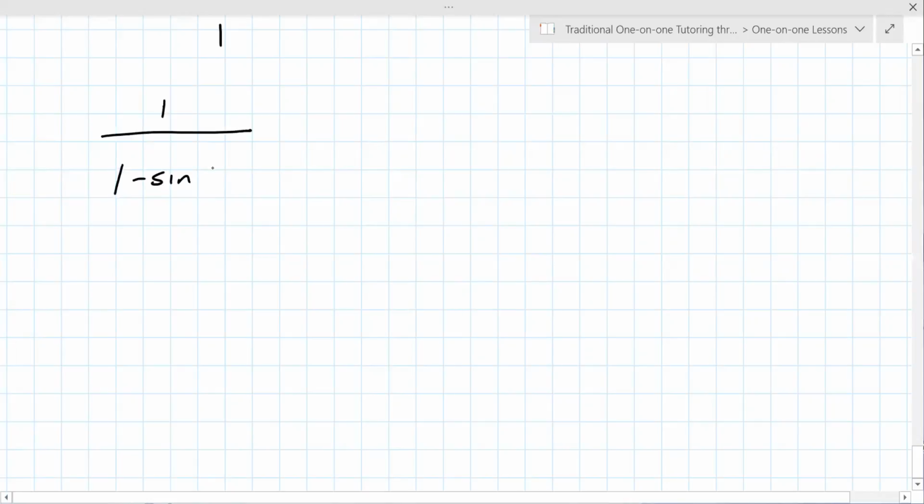Haven't done that yet. All right, so here's 1 over 1 minus sine theta plus 1 over 1 plus sine theta equals 2 secant squared theta.